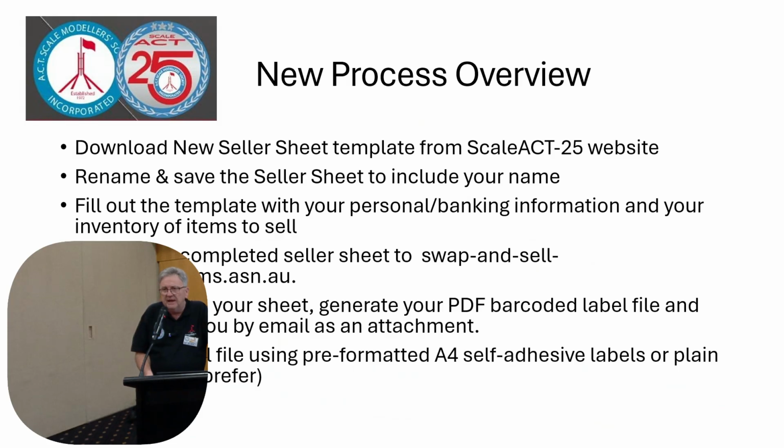You then have to fill out that template with some personal and banking information and your inventory of items. This will be horribly familiar to you, Stephen, because it's virtually the same system that's used by CanCon, if you're familiar with their swap and sell system. You then email your completed seller sheet to the email address that's there.